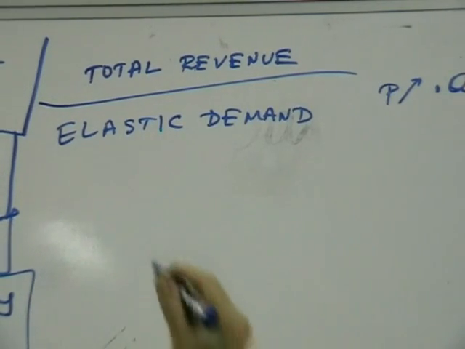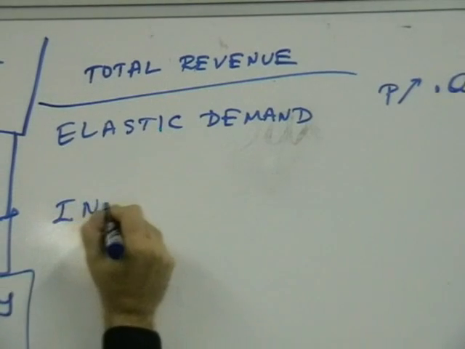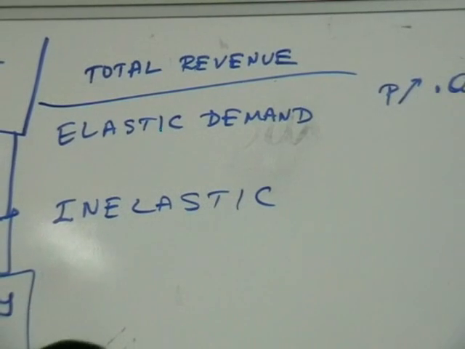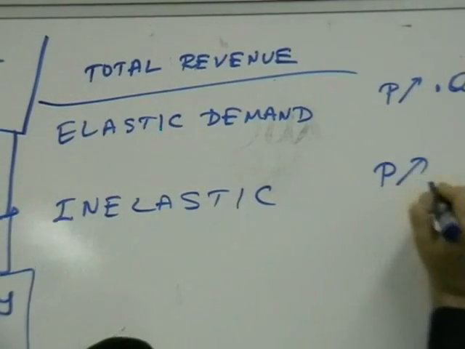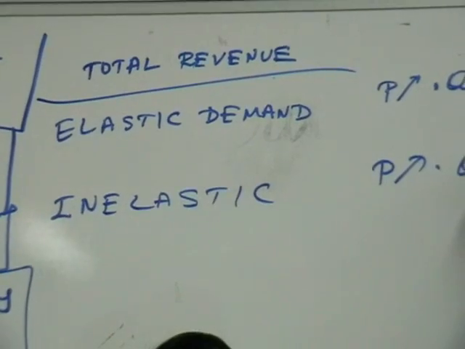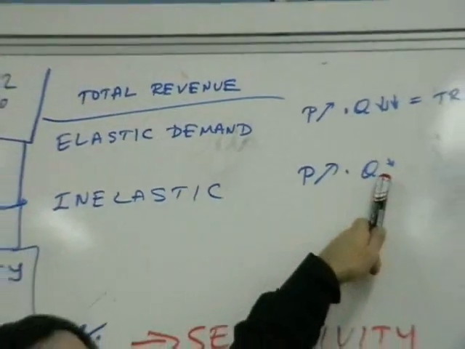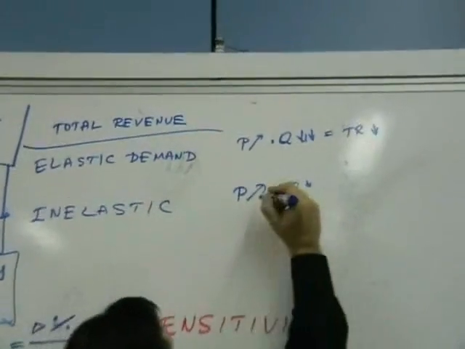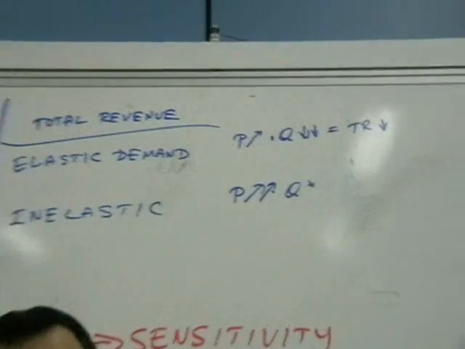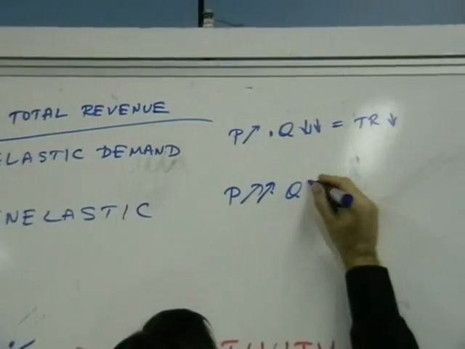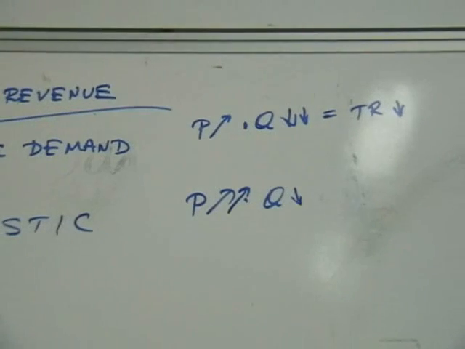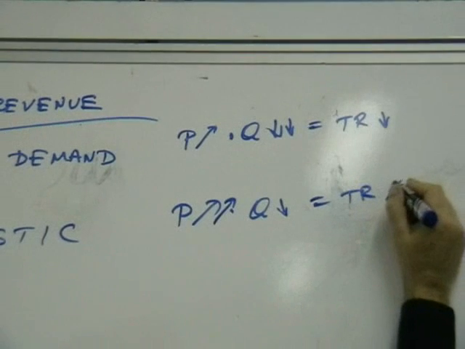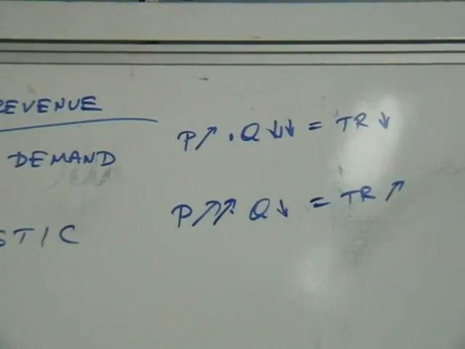Now, if you have inelastic demand, you raise the price a lot, quantity falls, but I'm putting here a tiny little arrow, right? A different way to do this. For inelastic, you raise quite a lot the price, quantity falls somewhat, but a lot less percentage-wise, and overall, total revenue goes up.